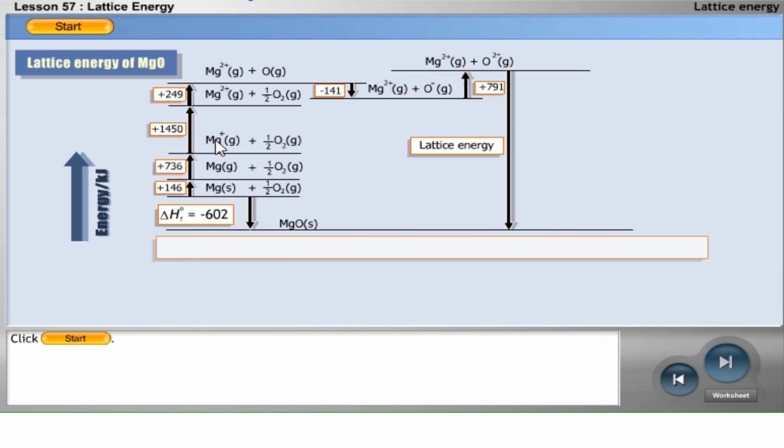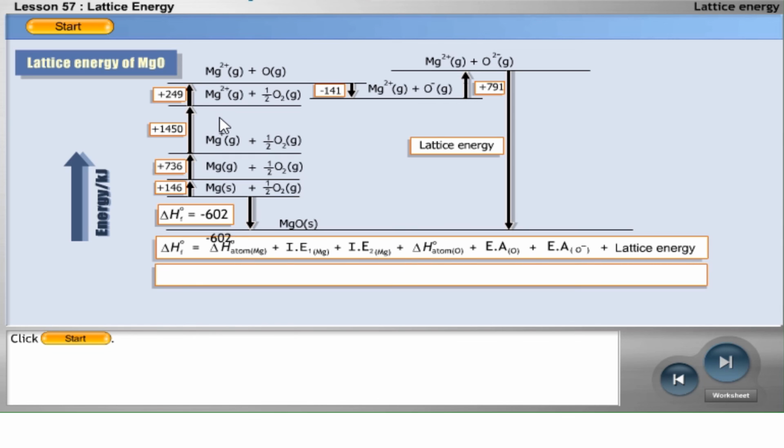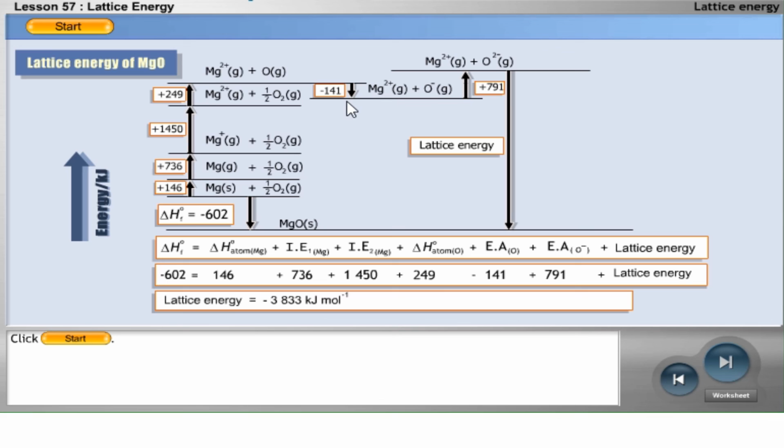In this case, Mg has 2 times ionization energy. This is the second ionization energy. And then from O to O- is electron affinity. For oxygen, it also occurs twice because of O2-, that means this is the first electron affinity, then this is the second electron affinity.